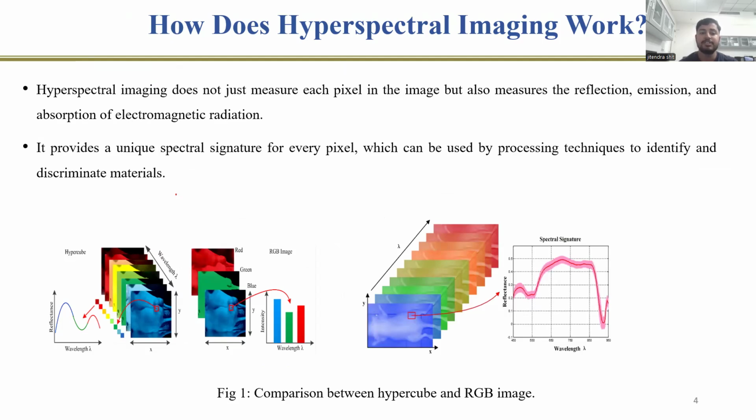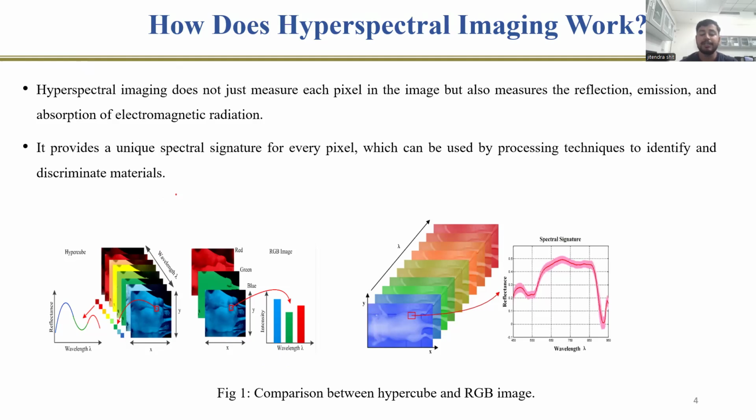Hyperspectral imaging does not just measure each pixel in the image, but also measures the reflection, emission, and absorption of electromagnetic radiation. It provides a unique spectral signature for every pixel, which can be used by processing techniques to identify and discriminate materials. In the figure below, you can see that a hyperspectral image gives more channels, more bands, compared to an RGB image.